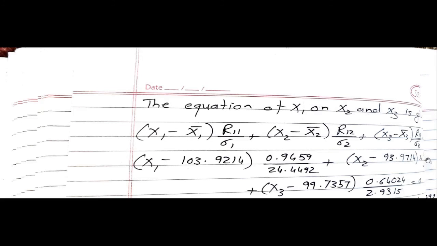So replace the values here in the equation. Plus x3 minus 99.7357 into 0.64024 divided by 2.9315 is equal to 0.